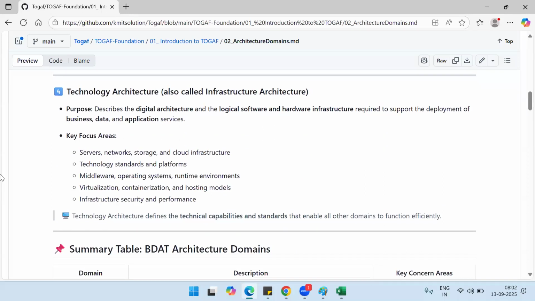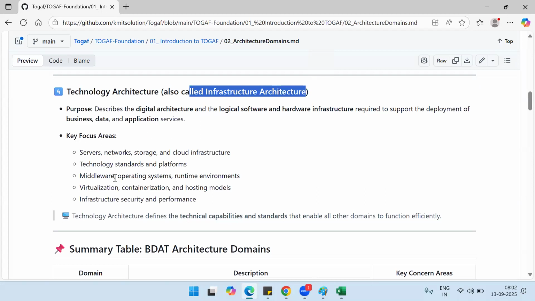Okay. Now, if we talk about the technology, that is also known as the infrastructure architecture. This describes the digital architecture and the logical software and hardware infrastructure required to support the deployment of business data and application services.